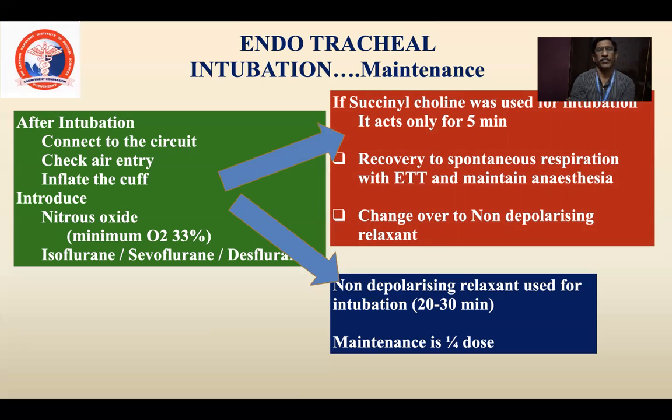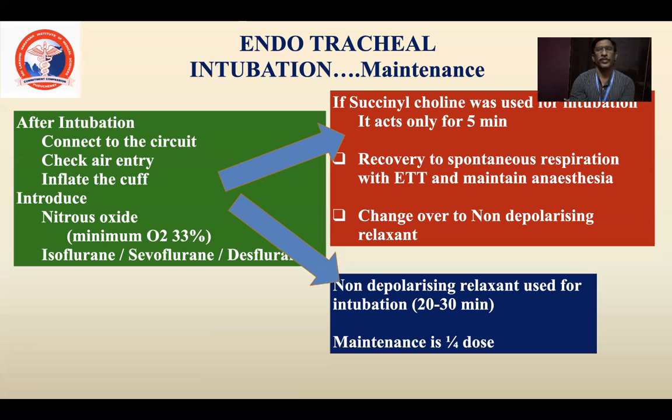Now we have to decide whether we are going to maintain this spontaneous respiration with the endotracheal tube or go for a controlled, completely paralyzing mode. If you decide to leave the patient in spontaneous respiration, which previously we used to do for tonsillectomy, the patient will be on spontaneous ventilation with the endotracheal tube.